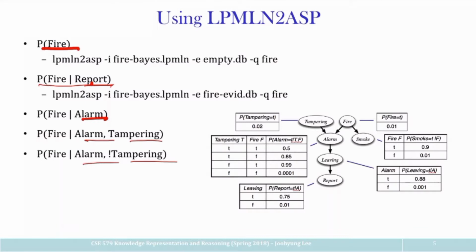Sometimes you have the cause and you want to know the probability of the effect, or you can go vice versa, or you can also reason about the other cause. So if tampering is true and also alarm is true, then what is the probability of fire? Those intercausal inferences can also be done in the way that we described before.